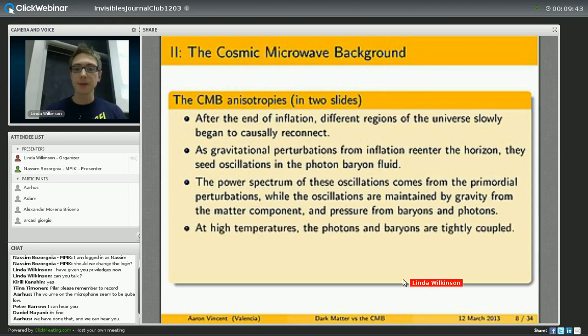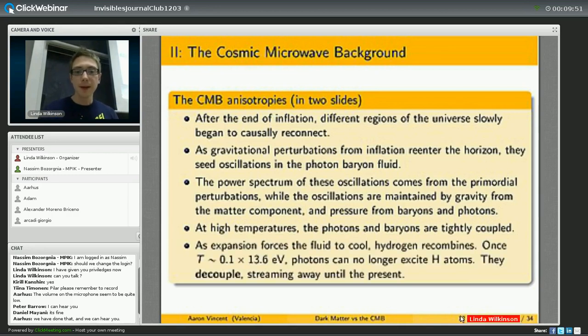So at high temperatures, these photons and baryons are tightly coupled, so the photons and electrons and protons are scattering off of each other like mad. But as the universe continues to expand, this fluid cools, and eventually the hydrogen atoms recombine.